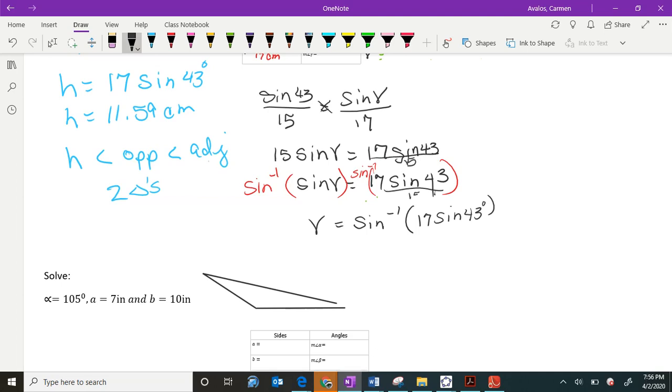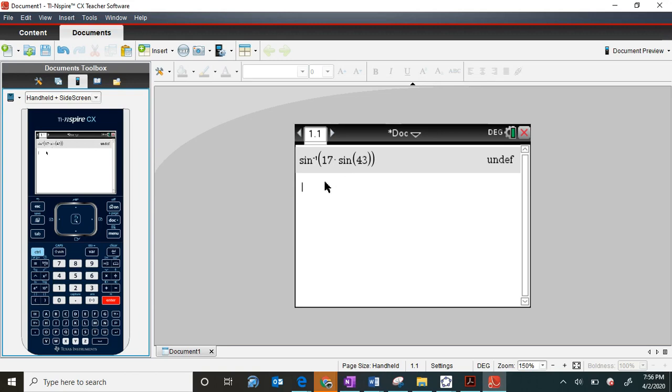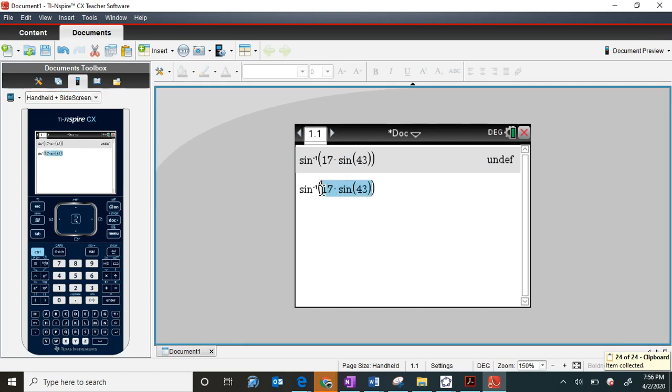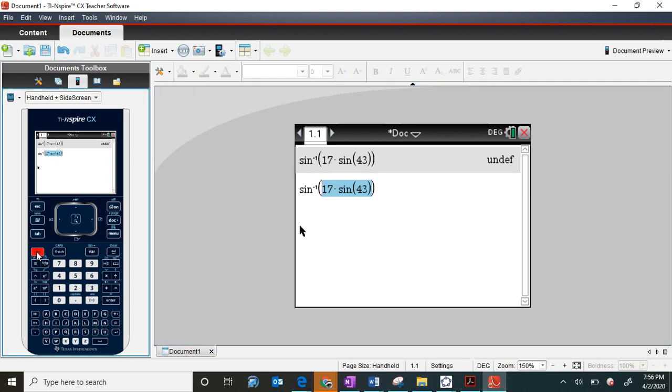That means it gave me an error because the value was greater than 1. So we go back up there, put that all in, divide it by 15, and get that answer. And that's what we have there.